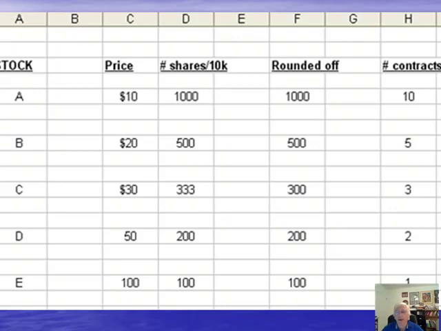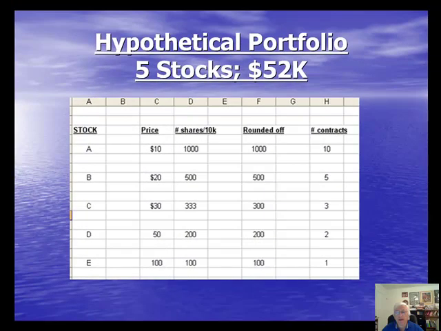We can round that down to 300 shares and therefore sell 3 contracts. Stock D is $50 a share. So we purchase 200 shares and sell 2 contracts. And finally, stock E is selling for $100 per share, and we can buy 100 shares and sell 1 contract.